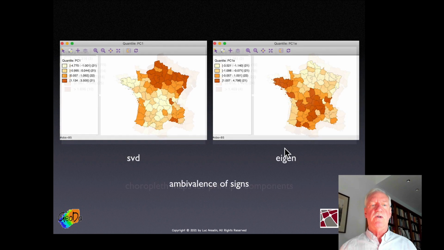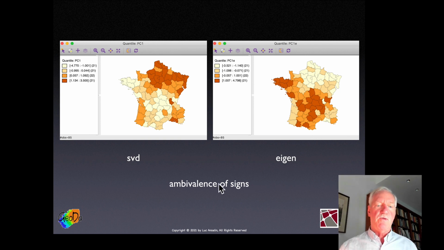As I mentioned, these are two quantile maps, and they're identical except that the categories are flipped. And they're flipped because the one on the left is based on the singular value decomposition, and the one on the right is based on the eigenvalue method. So the regions are exactly the same.